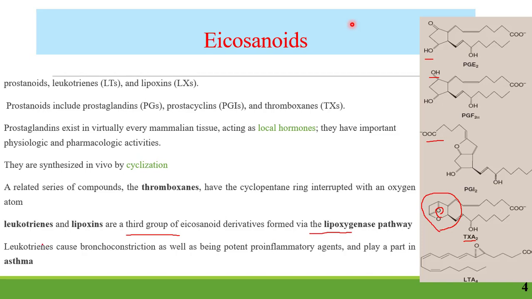They are characterized by the presence of 3 or 4 conjugated double bonds. Leukotrienes cause bronchoconstriction as well as being a potent pro-inflammatory agent and play a part in asthma.